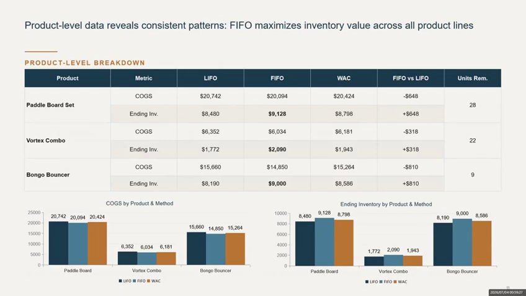Across all product lines, FIFO yields higher inventory values than LIFO and the weighted average method, with no outliers deviating from this trend.